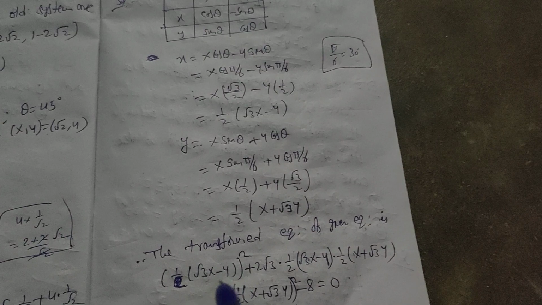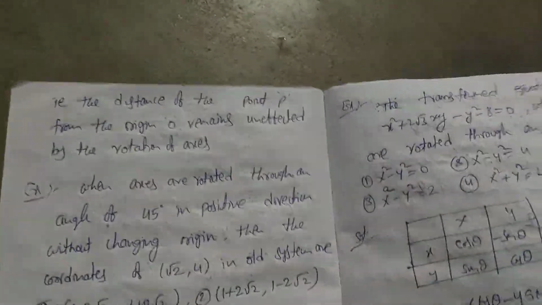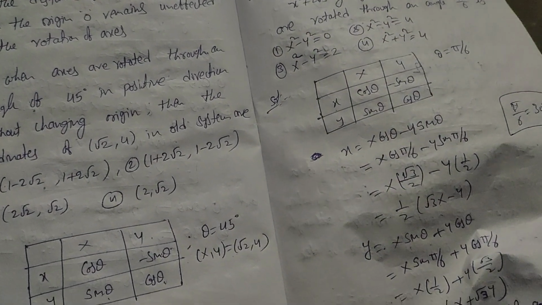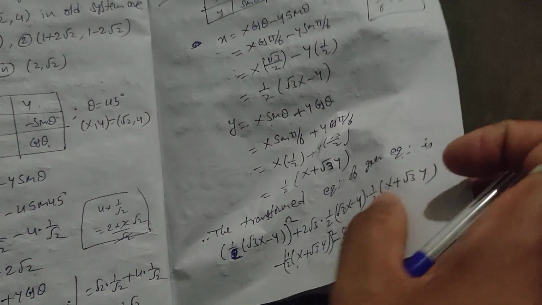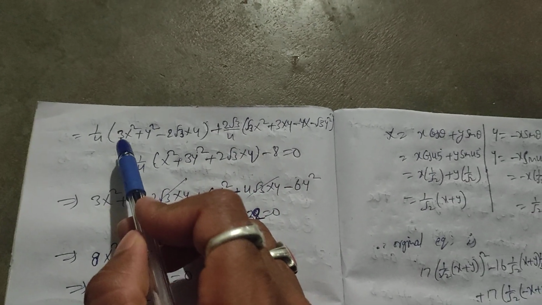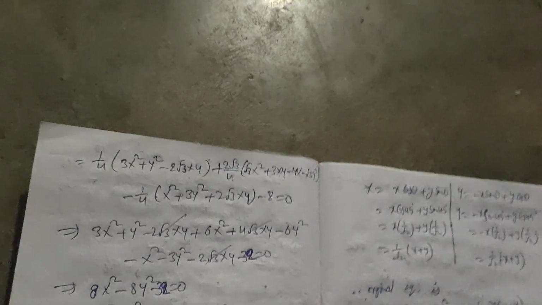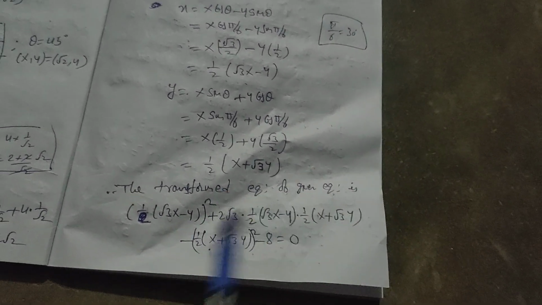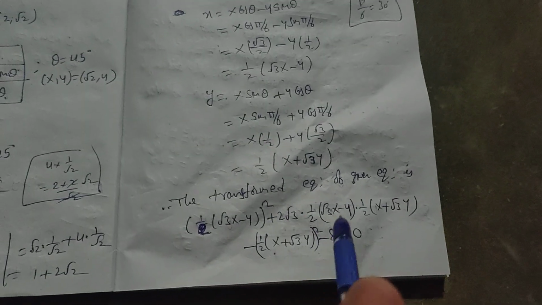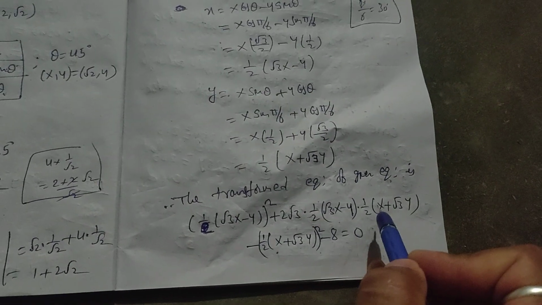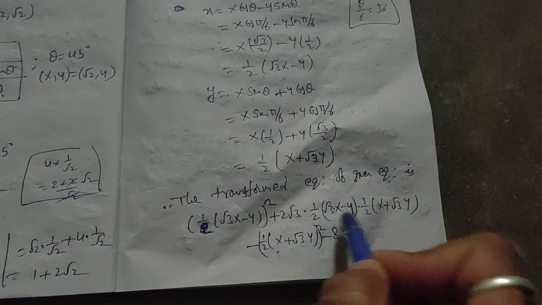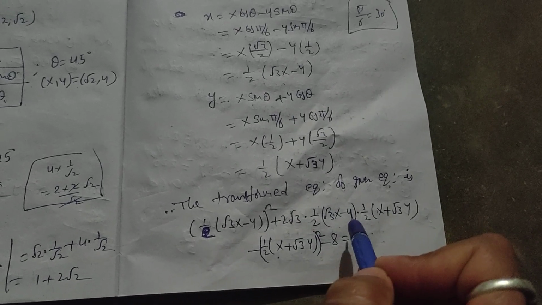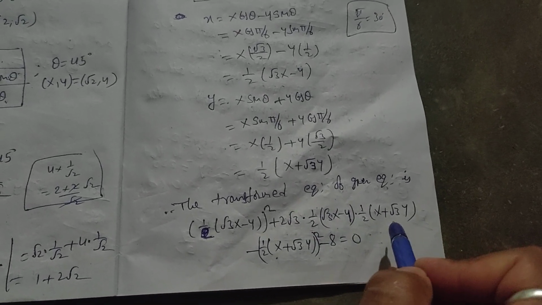Expand this formula a minus b whole square. Then we have 1 by 4 into root 3x whole square. Root 3x whole square means 3x square, plus y square minus 2 root 3 xy, plus 2 root 3 by 4 into root 3x into x, that is root 3x square, plus root 3 into root 3, that is 3xy, minus xy, minus root 3y square.